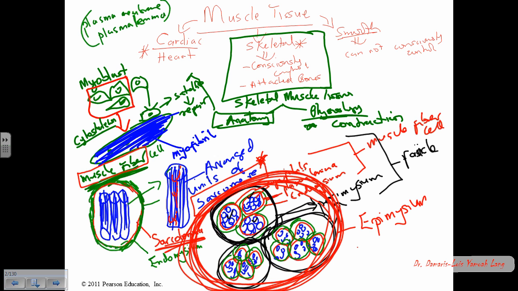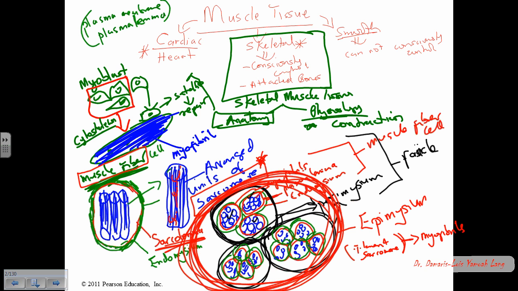So the filaments are arranged into what we call sarcomeres. And a lot of the filaments or sarcomere units will come together to form what? Myofibrils.